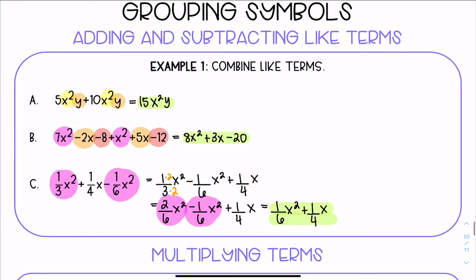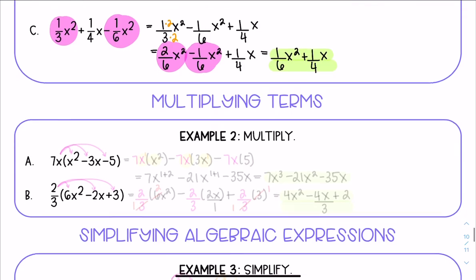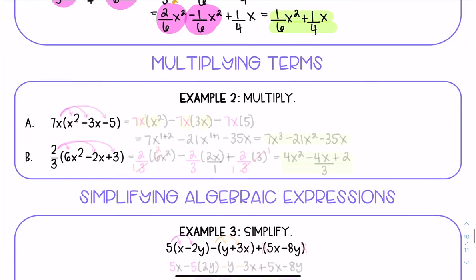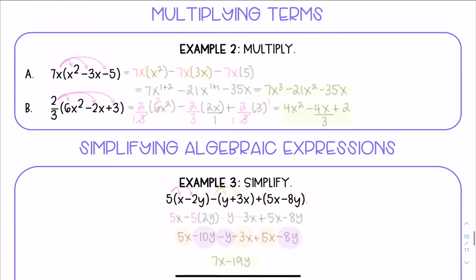Now let's talk about multiplying terms. So one of the rules we talked about previously is when we have the same base and we're multiplying, we add the exponents. That is going to come into play here. So 7x times x squared minus 3x minus 5.